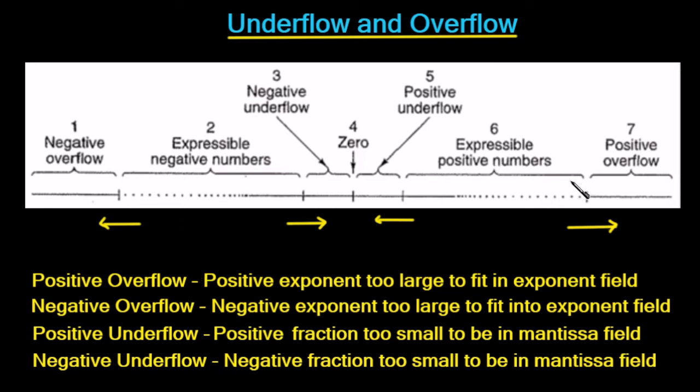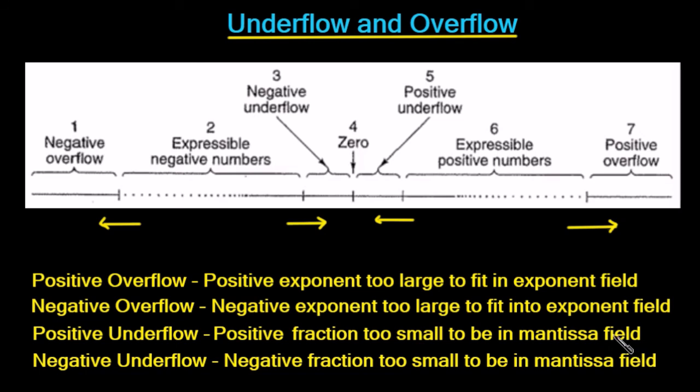We also have positive underflow and negative underflow. This is a problem with representing numbers that are not too large but too small. We get a positive underflow if the positive fraction is too small to be in the mantissa field.